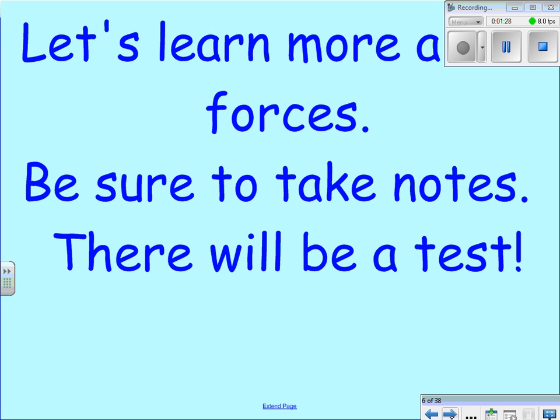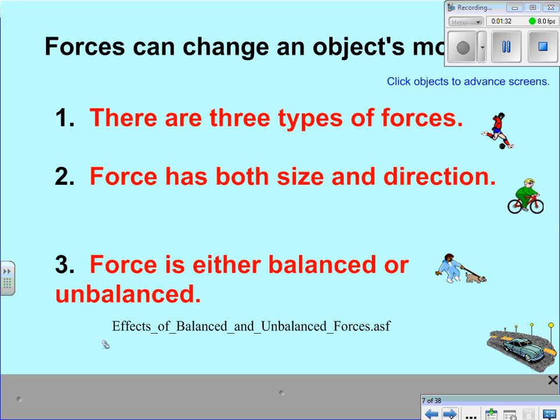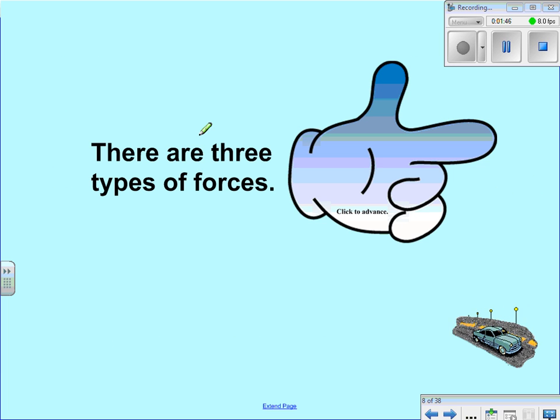So we're going to move on to 3 types of forces. We learned that there are 3 different types of forces. Can you remember what those 3 forces are?